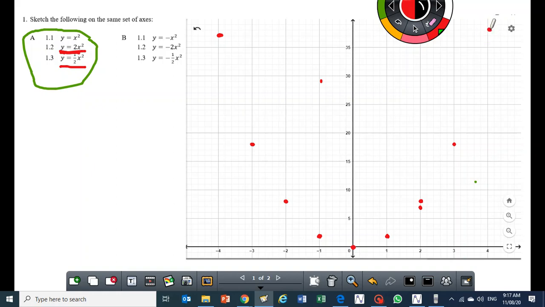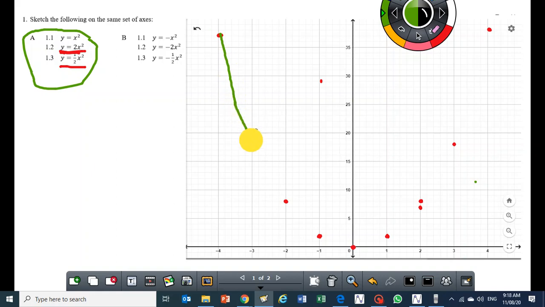Then you use your free hand to sketch it. So, draw a line, let me use green. Use free hand, like that. You are not supposed to use a ruler to sketch it. You are supposed to use free hand.